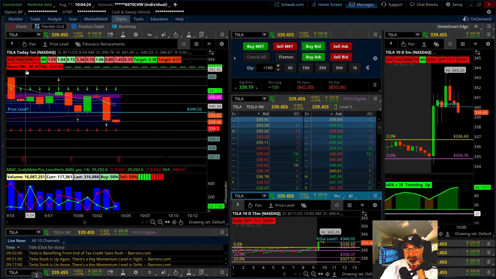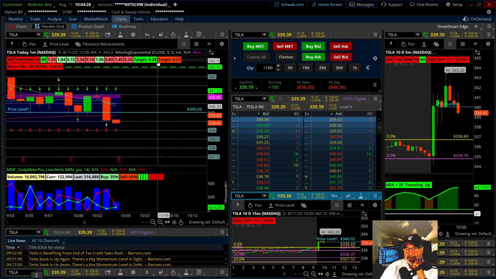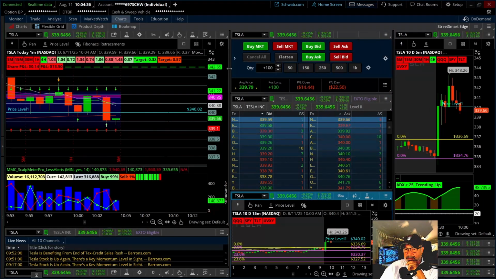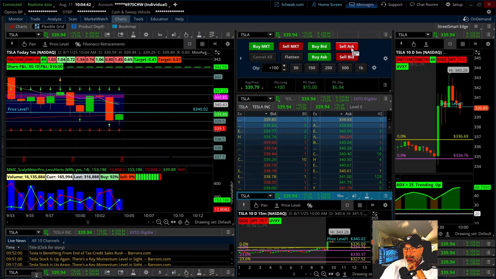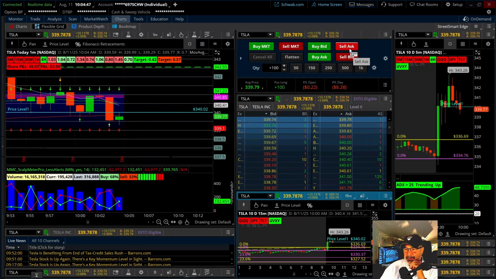We're obviously 34 cents down, so our target on that was 38 cents up, if you use the risk oscillator here. I will use the bid and ask buttons. I'd like to see it break back through the 340.